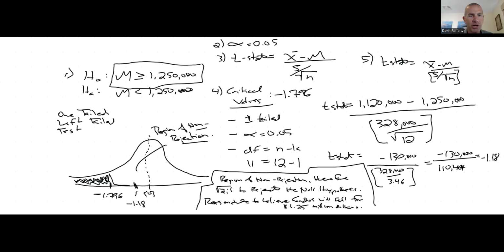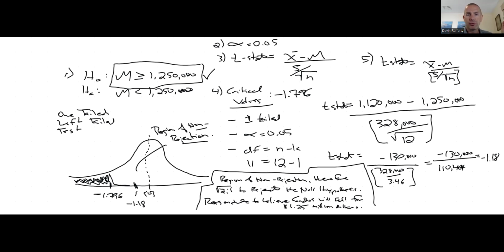I'm going to put a check mark by this. Since I fail to reject the null hypothesis, I think it's reasonable to believe that each one of those new condo units could be sold for 1.25 million.